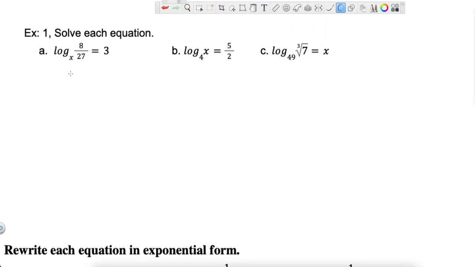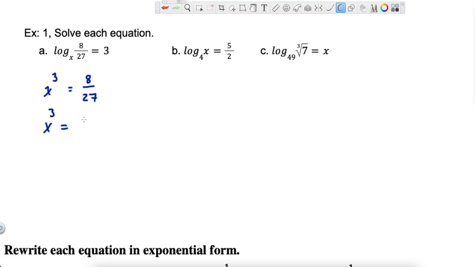So let's take a look at some examples here. Log base x of 8 over 27 equals 3. Okay, so 3 is the exponent and x is the base. So x to the third equals 8 over 27. Now we're looking to solve for x here. So let's rewrite this to have the same exponent if we can.